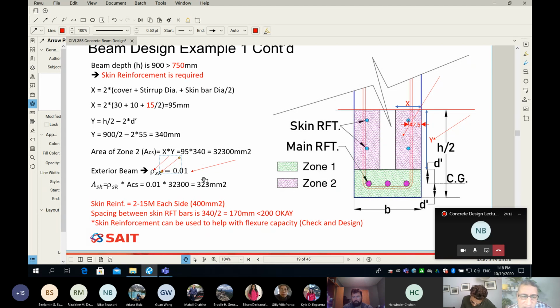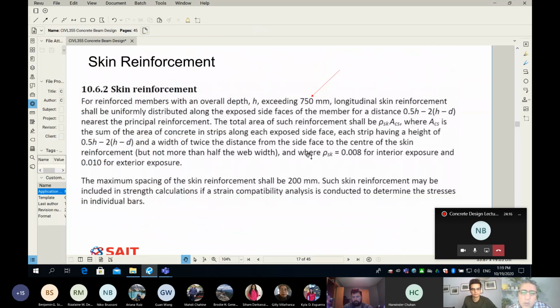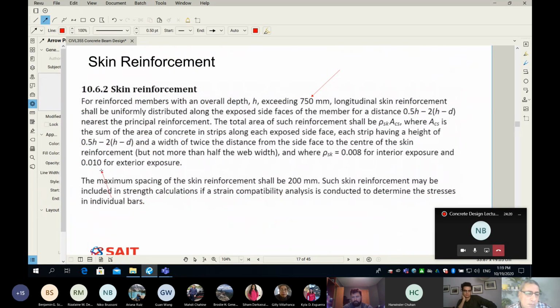Where did I get this number? From the code. The code says whenever your beam is interior, the rho skin is 0.008, or 0.8%. You decide where your beam is.